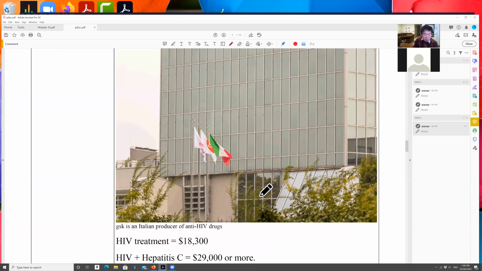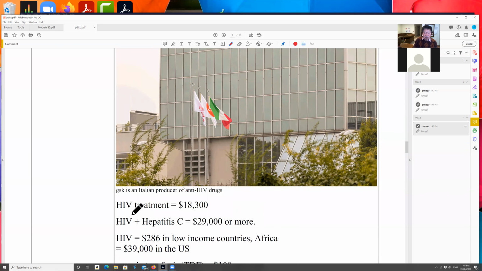This is the Italian company headquarters, GSK. They are selling anti-HIV, human immunodeficiency virus drugs, I think. HIV treatment costs about $18,300 per year.